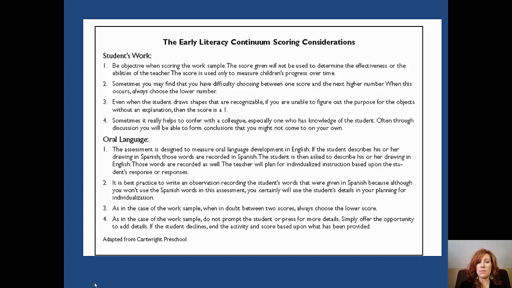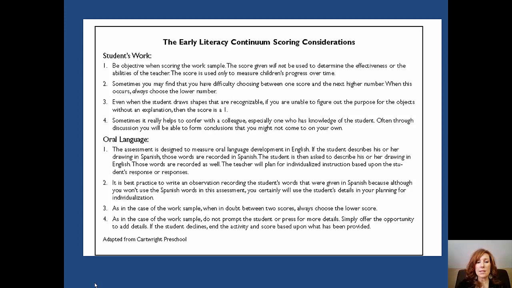Sometimes it might be difficult to choose between one score and the next, and when this happens, it's recommended to always choose the lower number so that we can make sure that we have a good, solid understanding before we move on. One of the things that I often do is use the examples in the book, or as we begin to look at the writing benchmark series, you'll see that there are 9-week anchor papers, examples of good, solid, quality work for each stage in development.